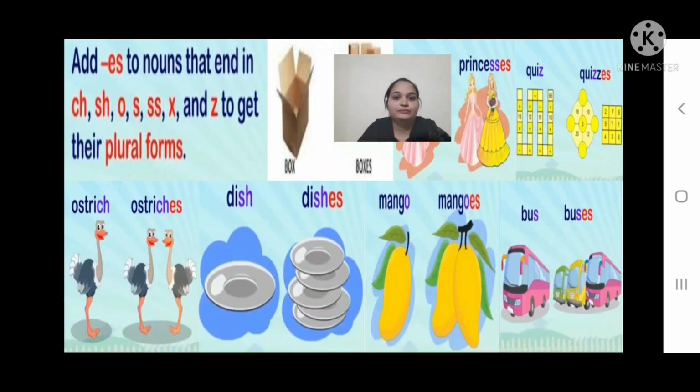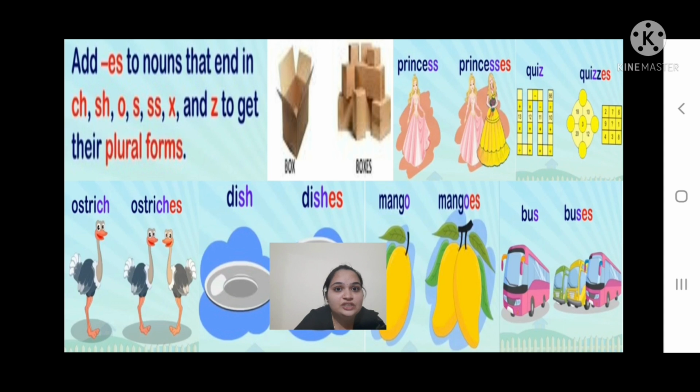Let us see now. The first rule to change a singular noun into plural noun is to add es to nouns that end with ch, sh, s, ss, x and z, and then you will get their plural forms. For example, box, boxes. X is there in the word box at the end, so we have added es.